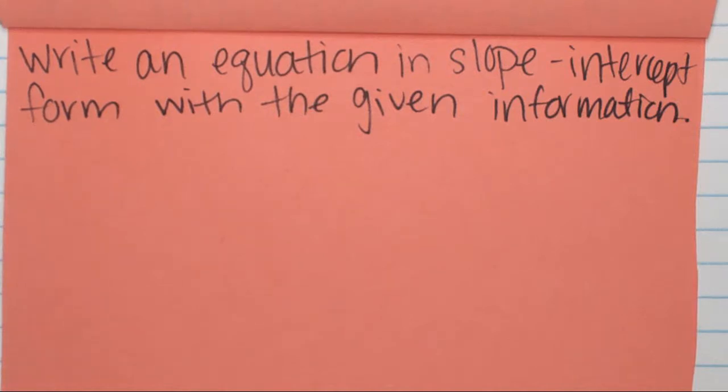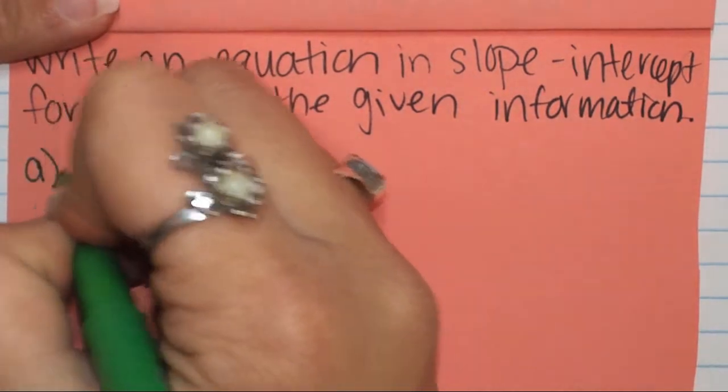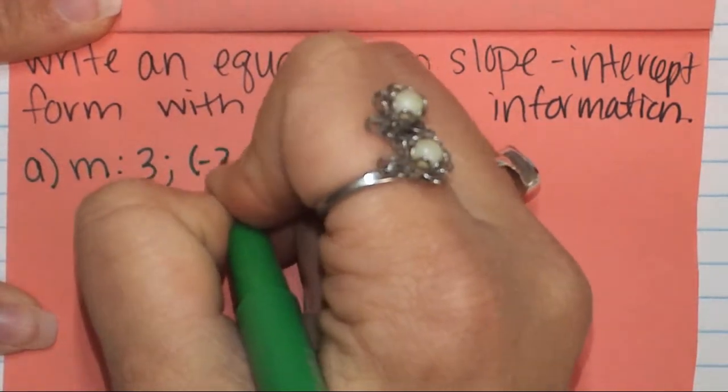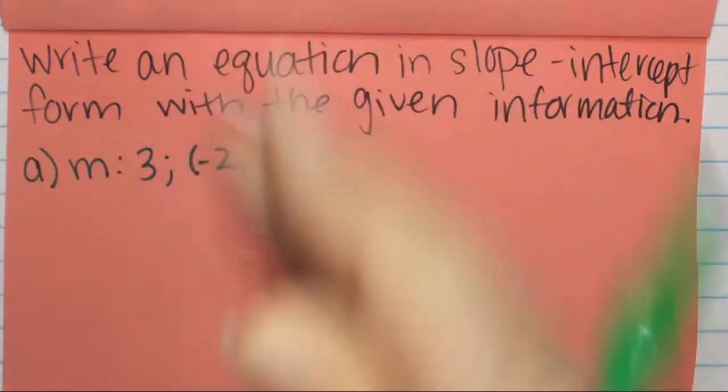Are you ready? Our first one, m is 3, and our point is negative 2, 6.